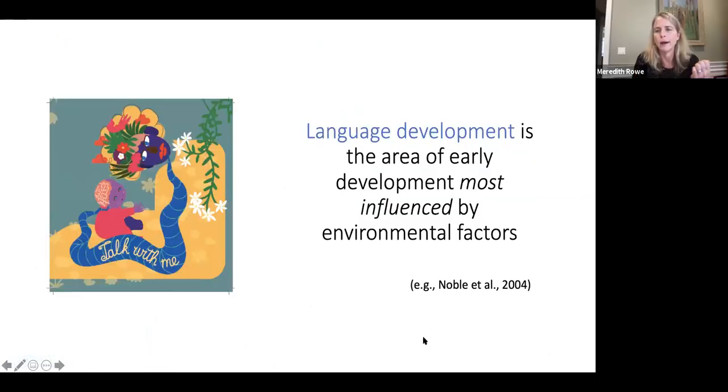We also know, from work by Kim Noble, that language development is the area of early development that is most influenced by environmental factors.